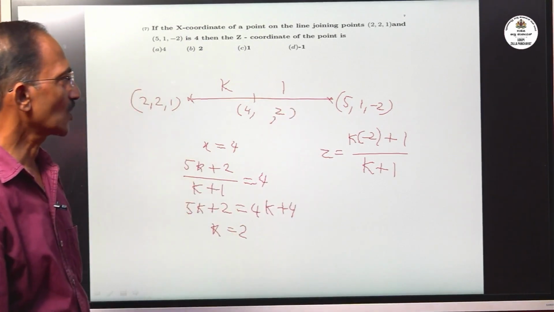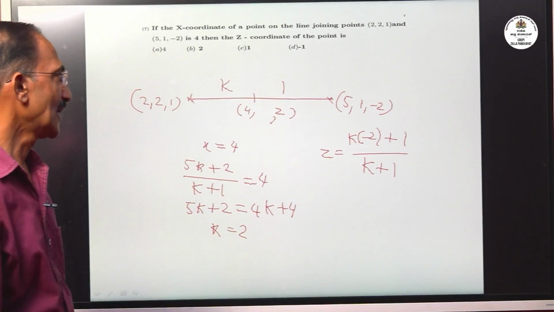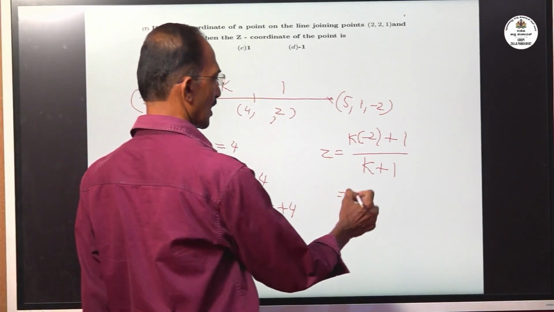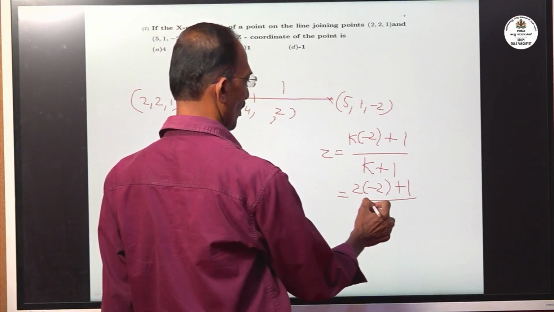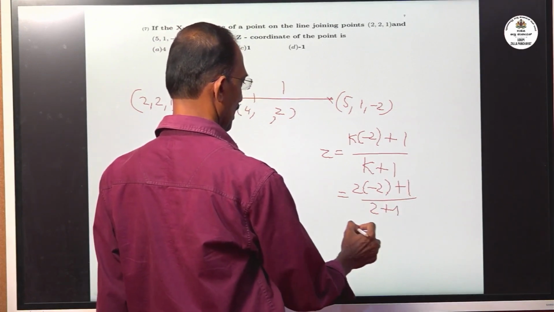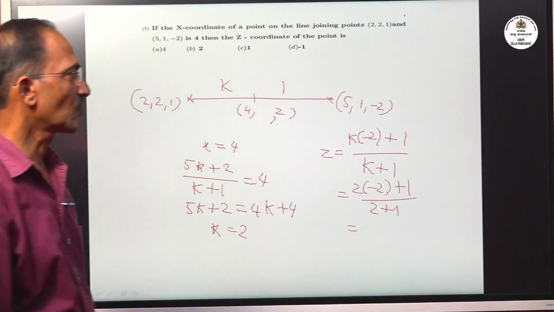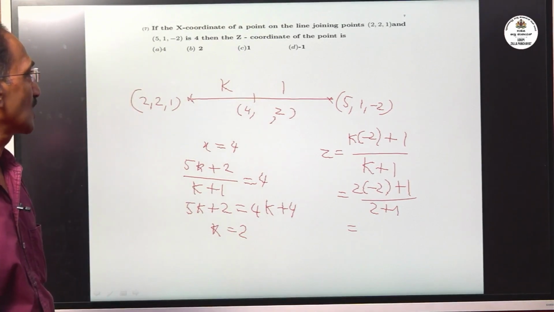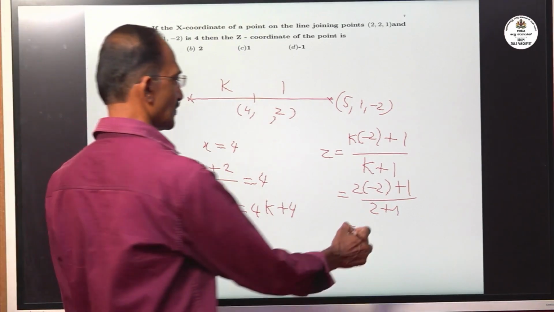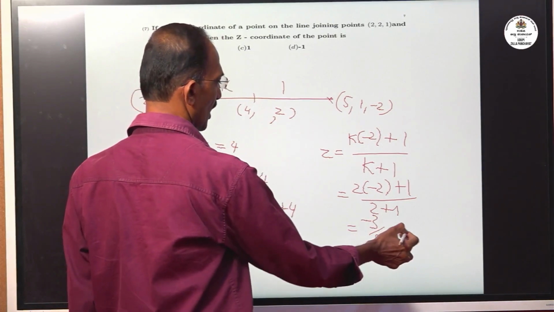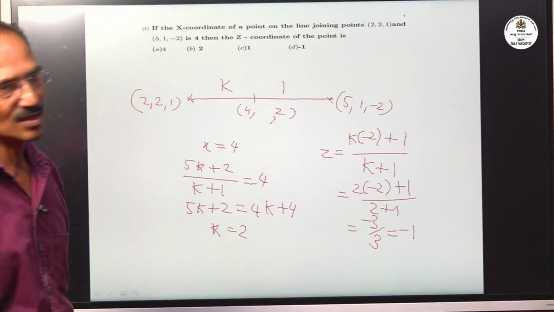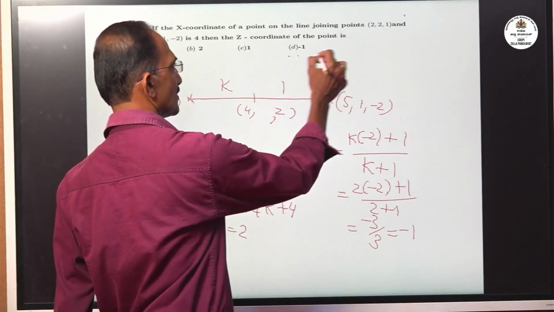So now you replace k by 2, that is 2 into minus 2 plus 1 by 2 plus 1. So that is minus 4 plus 1, that is minus 3, divided by 3, it comes to be minus 1. The answer is option D.